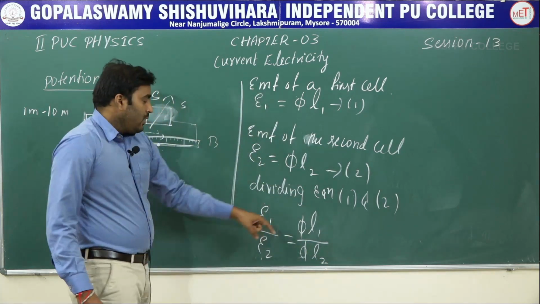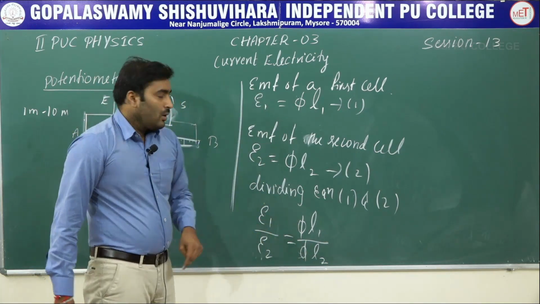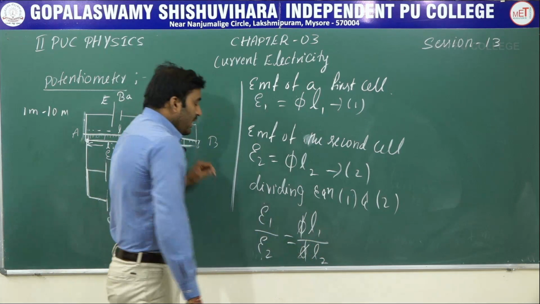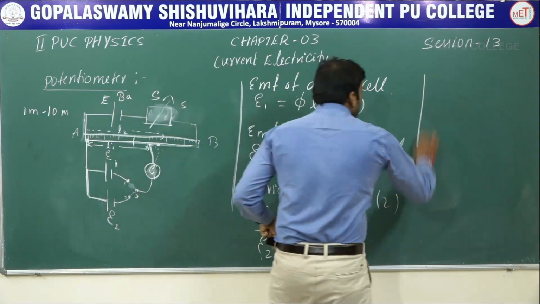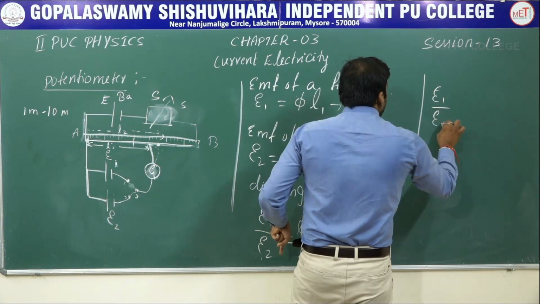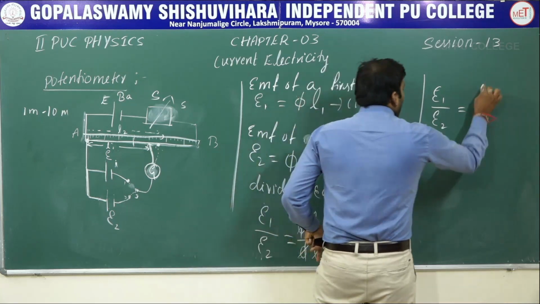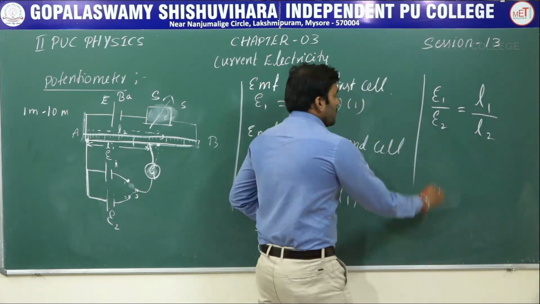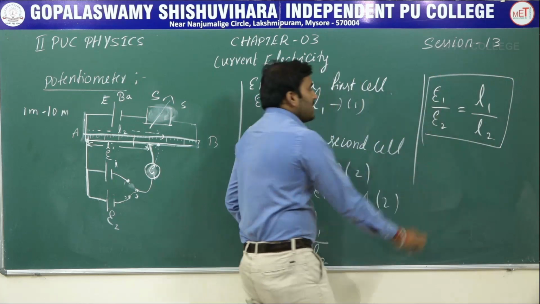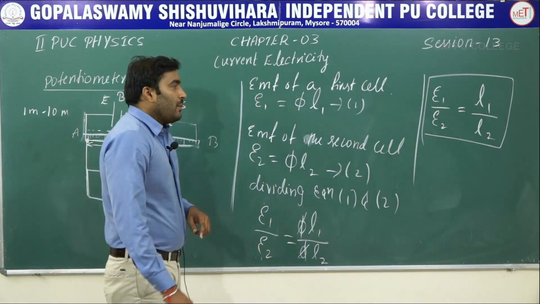Phi is a constant, so we can cancel phi and phi here. Therefore E1 by E2 is equal to L1 by L2.